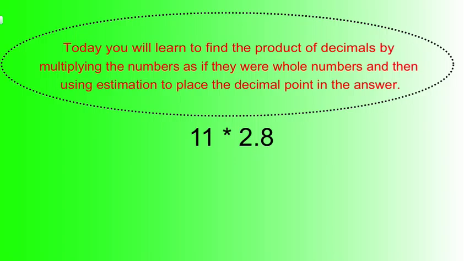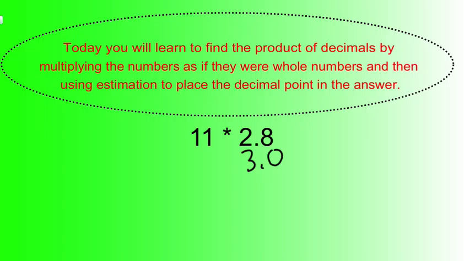So today you're going to learn to find the product of decimals by multiplying the numbers as if they were whole numbers, and then use estimation to place the decimal point back into the answer. So when we're looking at 11 times 2.8, you would say 2.8 is pretty close to 3, correct?